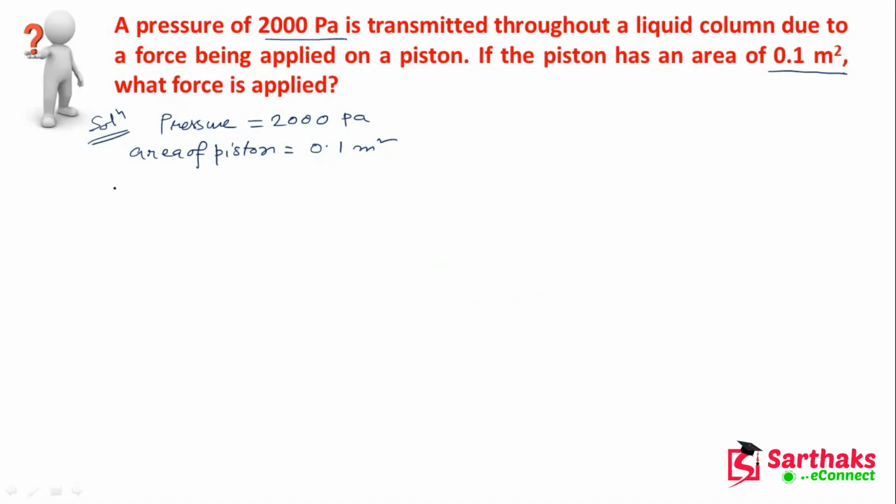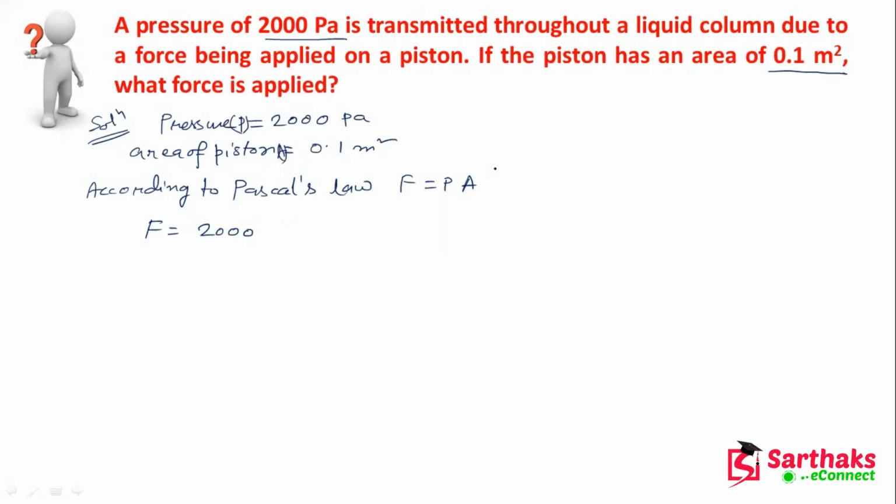And we know that according to Pascal's law, F equals PA. So here F equals to, I can write down, this is P and cross-sectional area that is A.